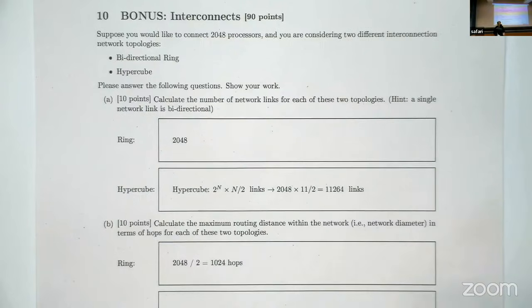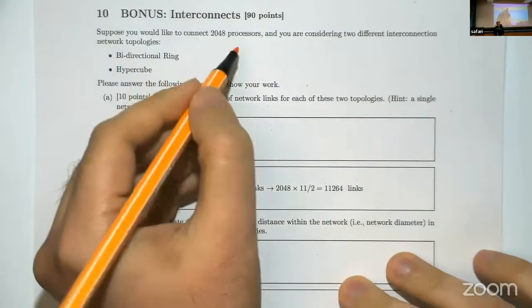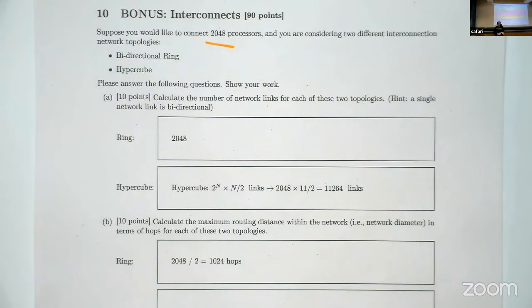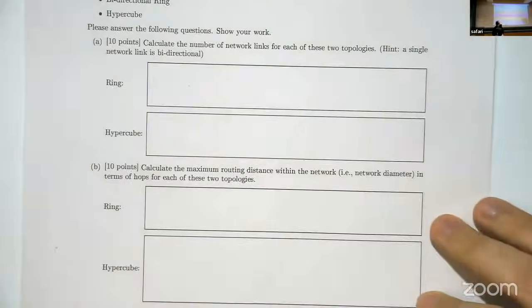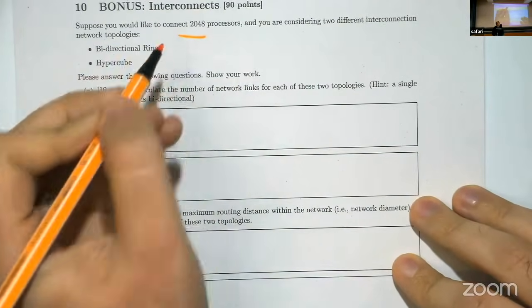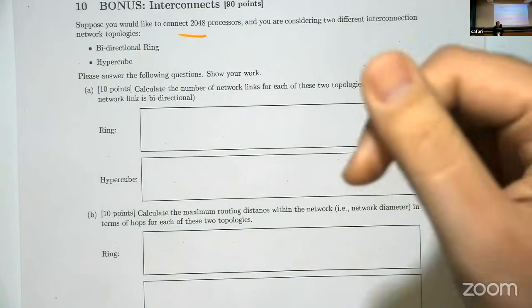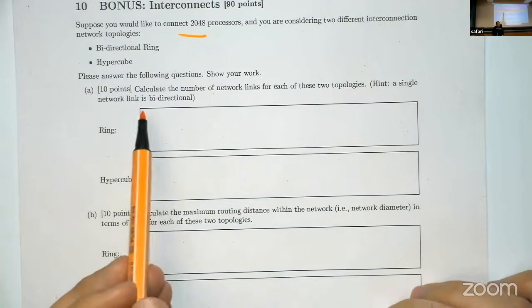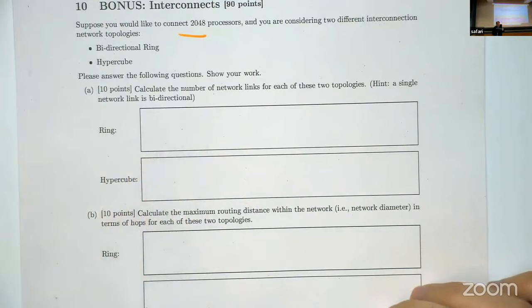In our system, we have 2048 processors. So the first question is asking, calculate the number of network links for each of these 2 topologies.